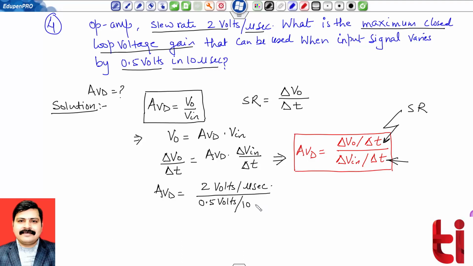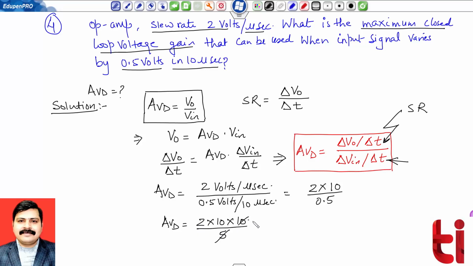In 10 microseconds. So ultimately it will be 2 multiplied by 10 divided by, so volts per microsecond will be cancelled out, divided by 0.5. So my closed loop voltage gain AVD should be equal to 2 multiplied by 10 multiplied by 10 divided by 5.